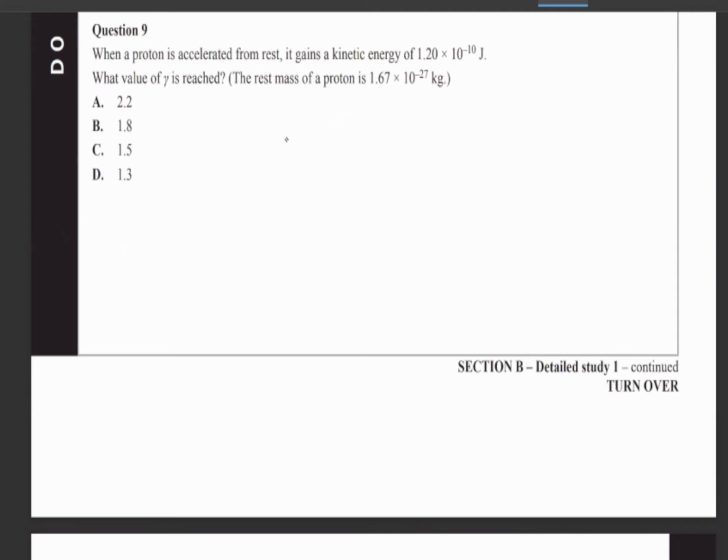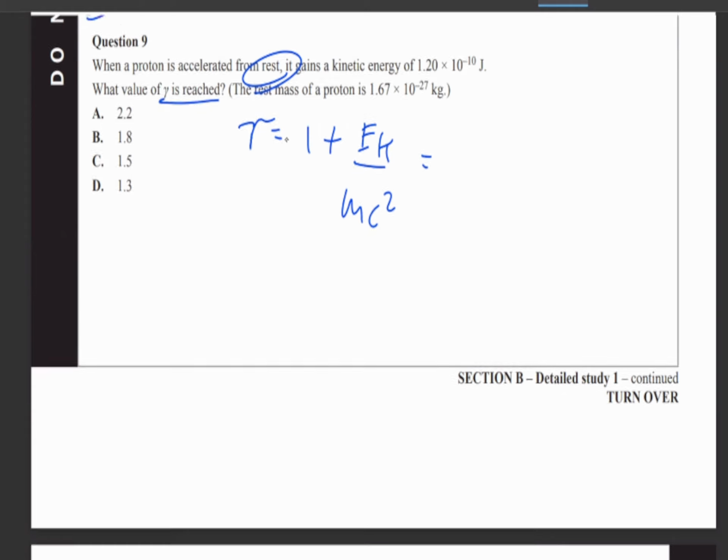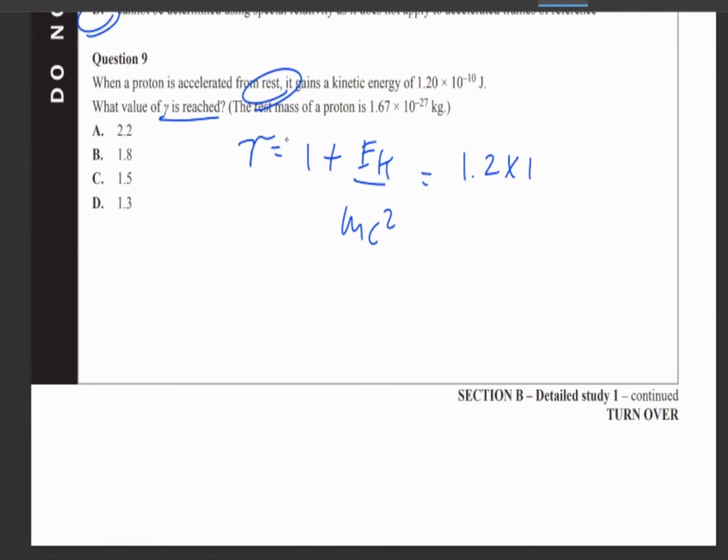Question 9. From rest, the rest energy of this is going to be equal to 1 mc squared. So 1.2 times 10 to the power of negative 10 over mass, which is 1.67 times 10 to the power of negative 27.